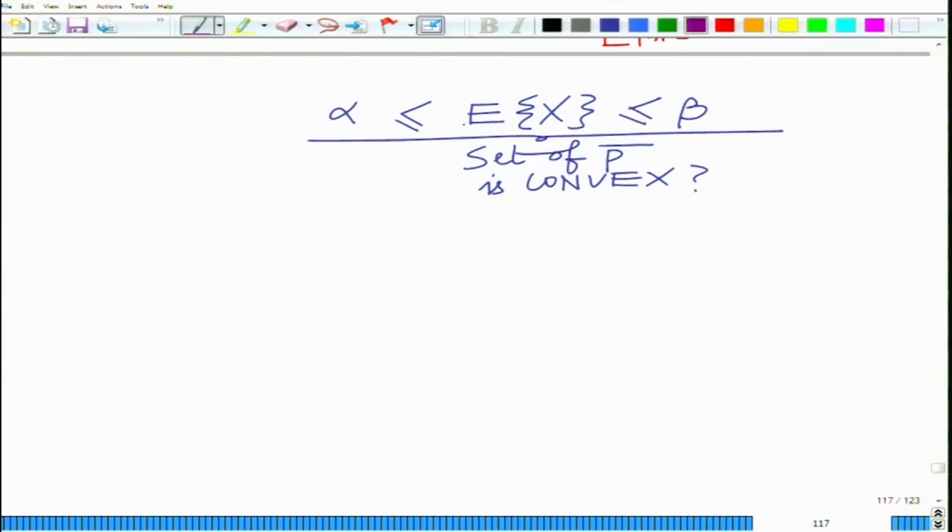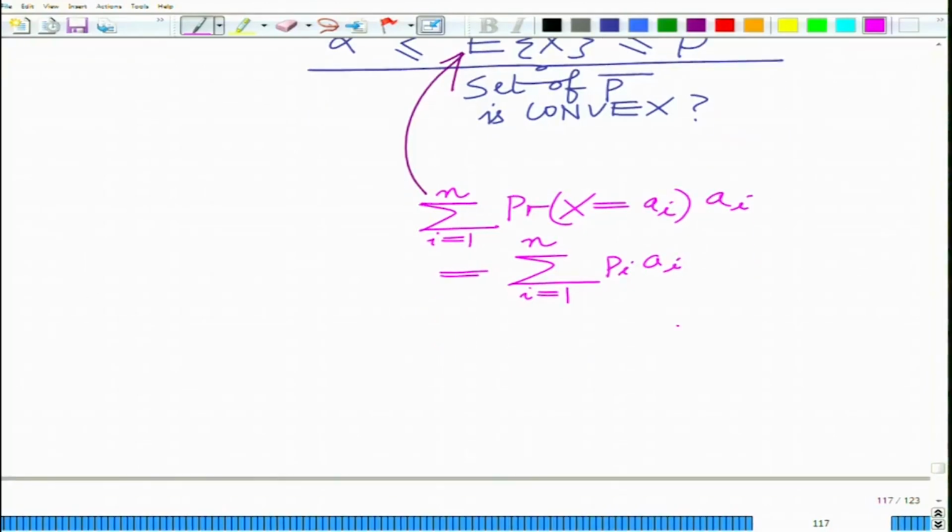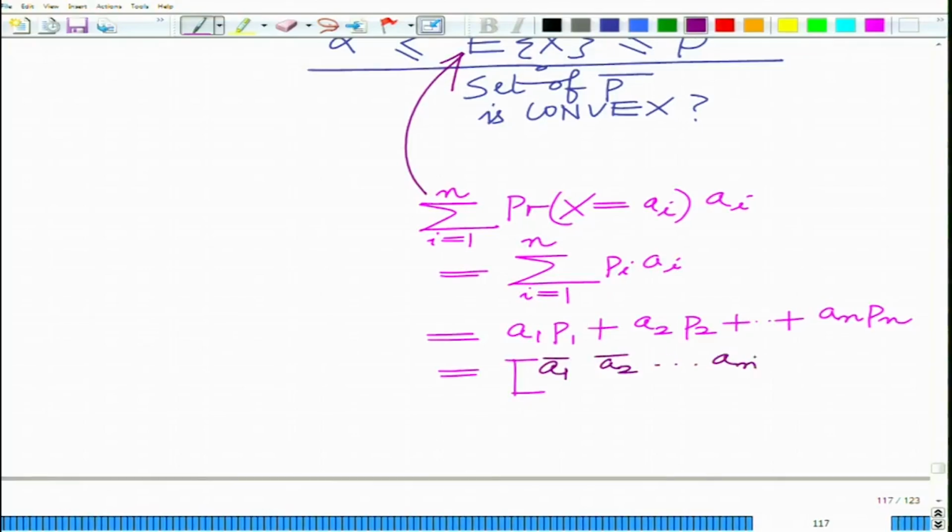The expected value of the random variable x can be calculated as follows: summation i equals 1 to n of the probability that x takes the value ai times ai, which is summation i equals 1 to n of pi ai, which is basically a1 times p1 plus a2 times p2 plus an times pn.